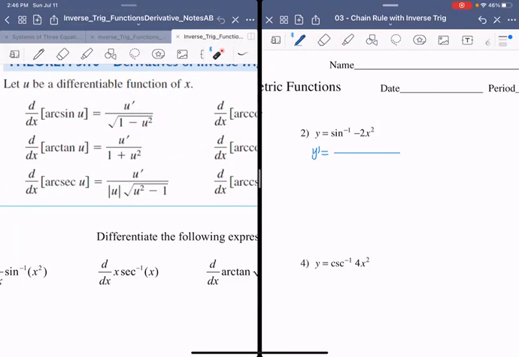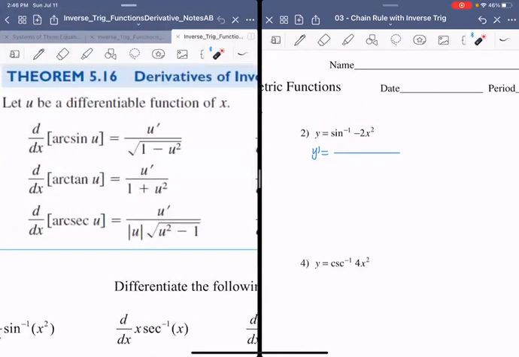For this one, we want to manipulate with this formula. So u is going to be this, and the top one is going to be that guy's derivative. If you cannot do this in one step, it's okay. We write down an extra step: that guy prime divided by 1 minus negative 2x squared. We want to put the parentheses, okay?